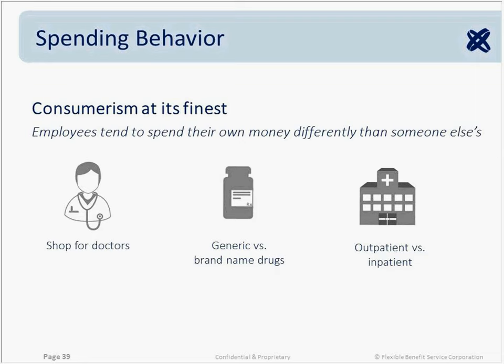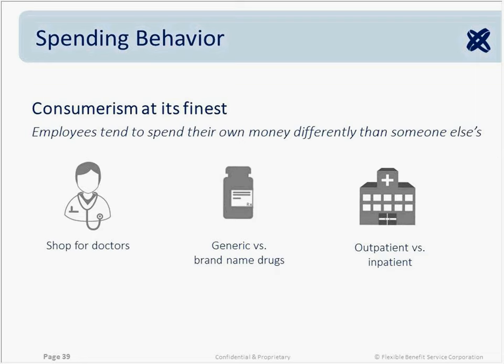So from my perspective, I now have a great reference point to know that I want to use that cheaper doctor when at all possible. In addition, if it's people's own money, they're going to tend to at least give consideration to generic drugs versus brand name drugs. And as it relates to things like surgeries, they're going to give consideration to outpatient facilities versus inpatient facilities, as inpatient tends to be 2 to 3 times more than outpatient.